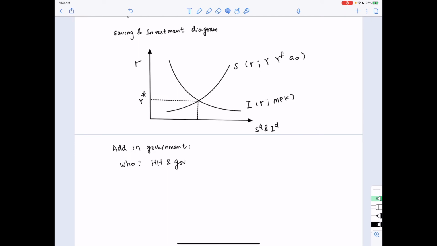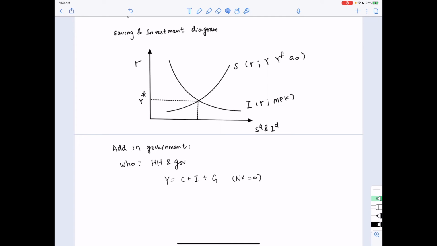So let's take a look at the national income account identity. Here, we know that total income equals consumption, plus investment, plus government expenditure. We assume that net exports equal 0 because it is a closed economy.